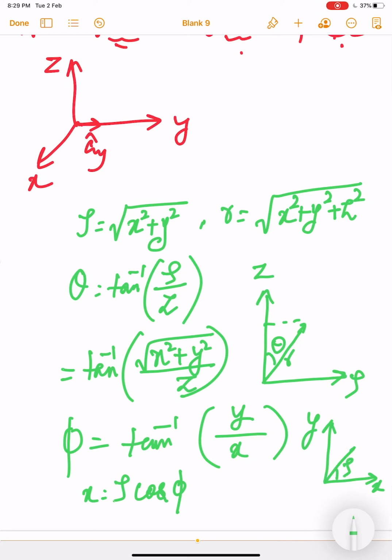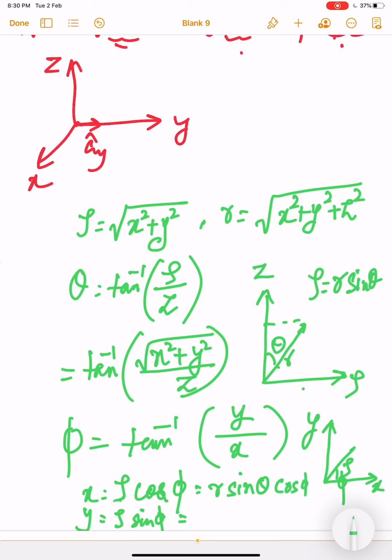And this phi is always defined from the x axis. So you can write x as rho cos phi, and y as rho sin phi, as you had written in cylindrical coordinates. And what is rho? As you can see over here, rho is equal to r sin theta. So instead of rho, you write r sin theta cos phi. Over here also you do the same thing, r sin theta into sin phi.